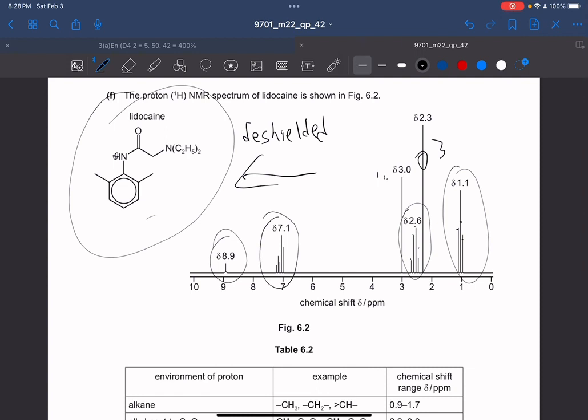What we're going to notice here is that both of these peaks are singlets. So if this is a singlet, it means it doesn't have any neighbors nearby.